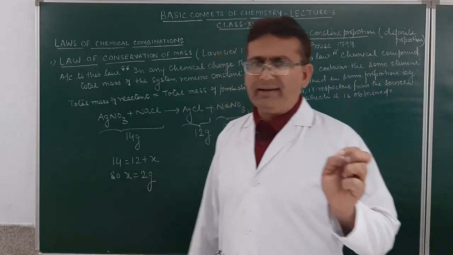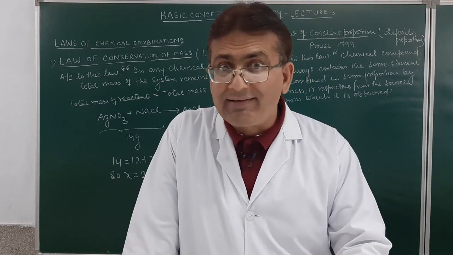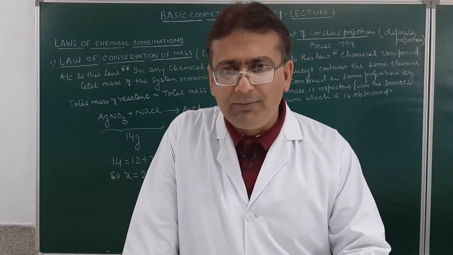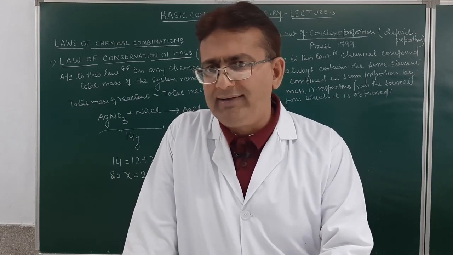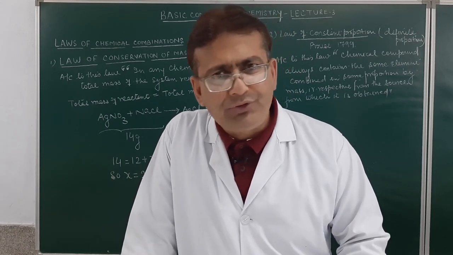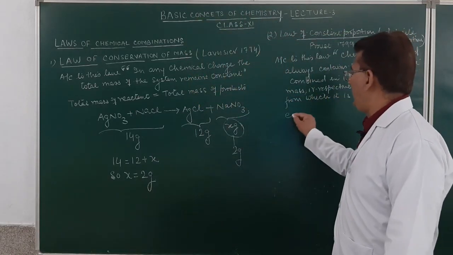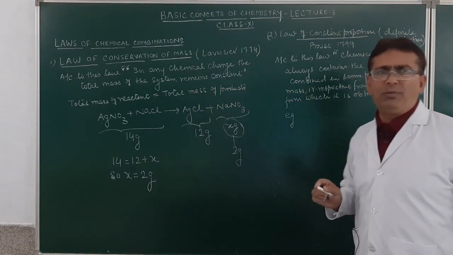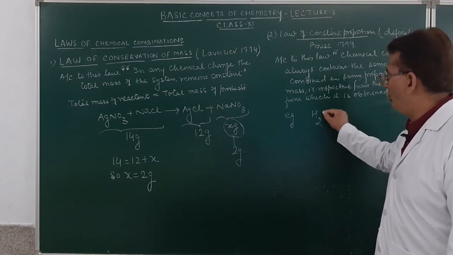What does the law say? A chemical compound always contains the same elements combined in the same proportion by mass, no matter from which source it has been obtained. As for example, if I say water, what is the formula for water, students? This will be H2O.